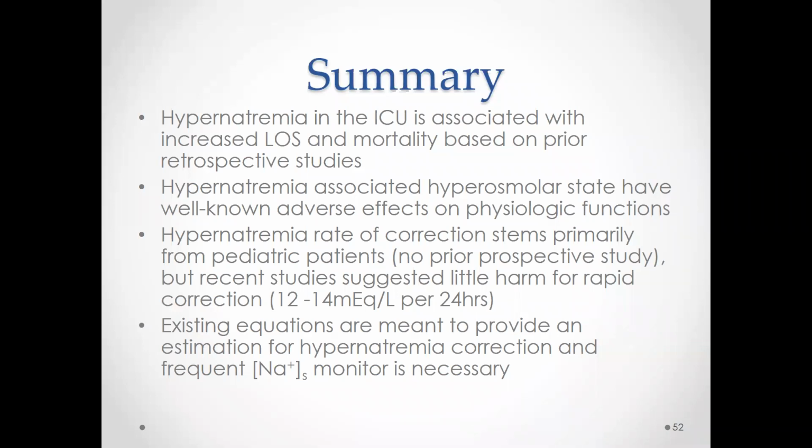And so that might not be very relevant to our adult population. Plus, based on the newer studies, we can potentially be a little more aggressive with correcting these hypernatremias. The study done in 2019 corrected up to 14 milliequivalents per liter per 24 hours.